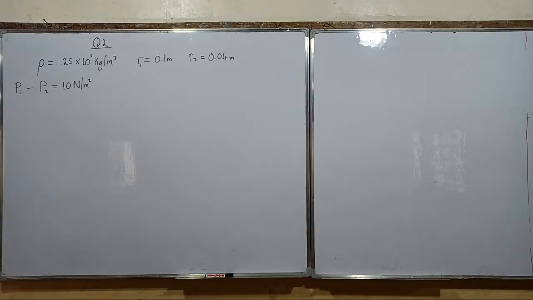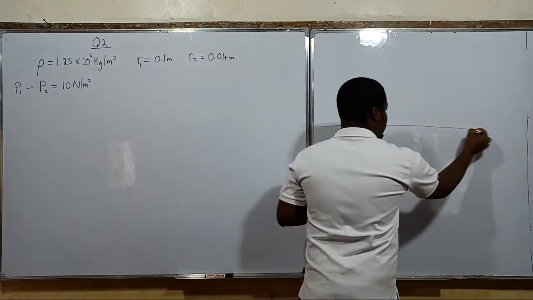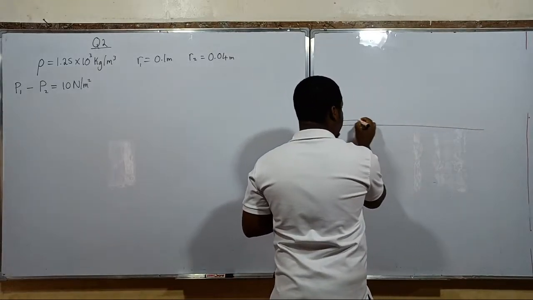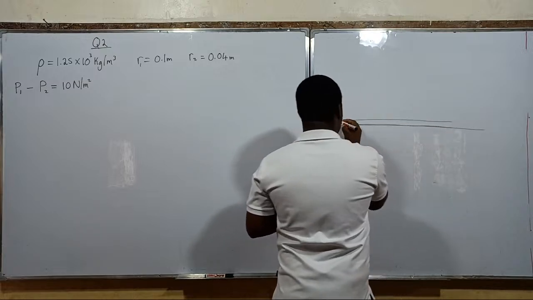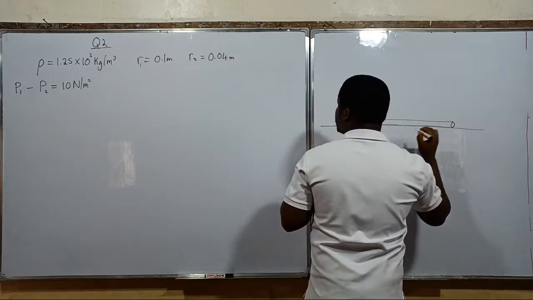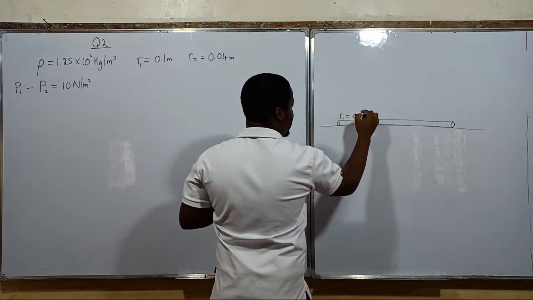Now, there's something very important that you have to take note of in this question. Something that will help us. Consider it like this. This is the ground. On this ground, we have this pipe from one end to another. On one end, it has a radius of 0.1.